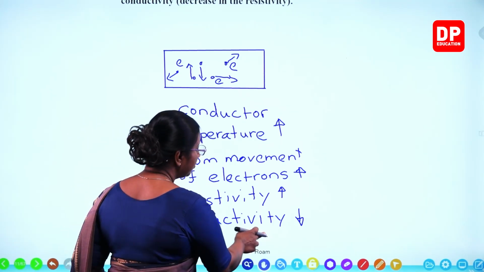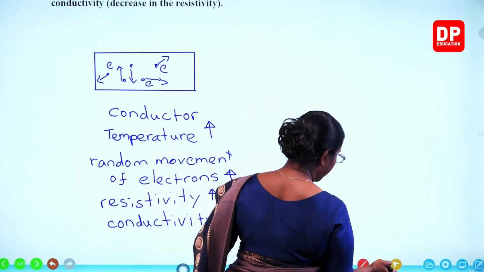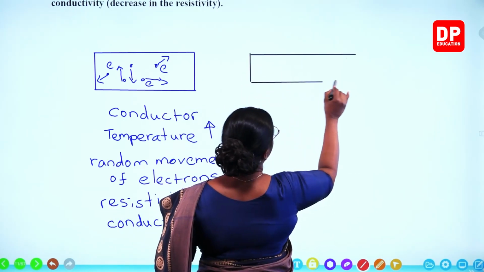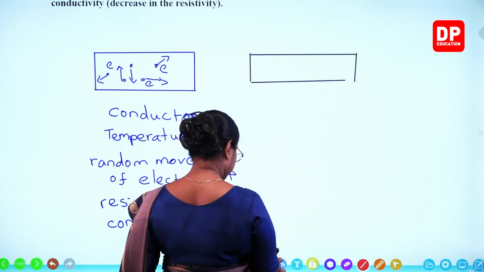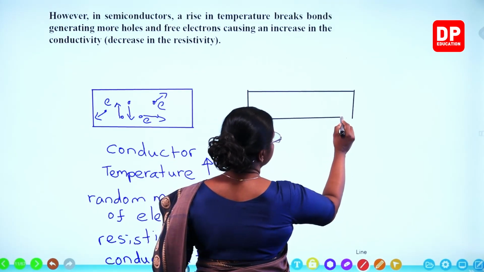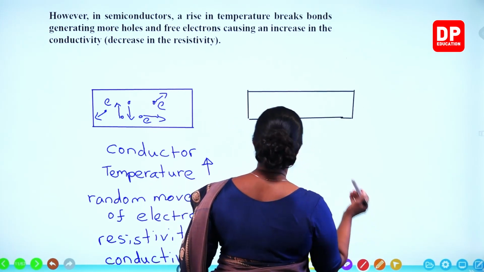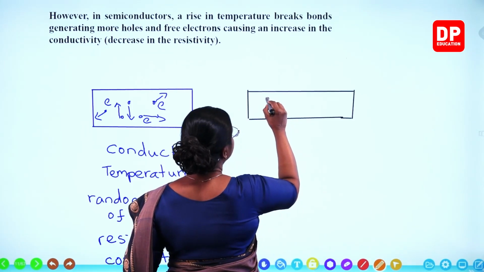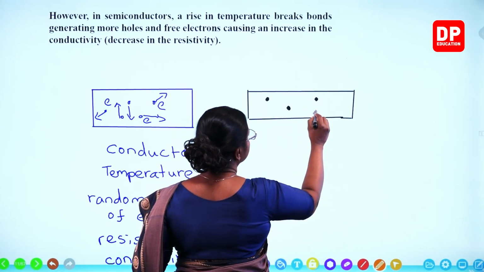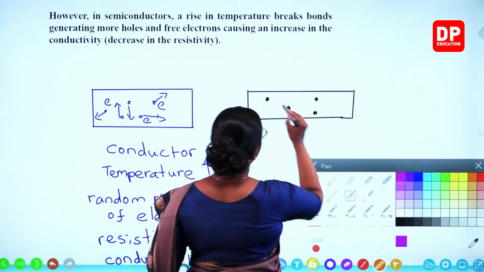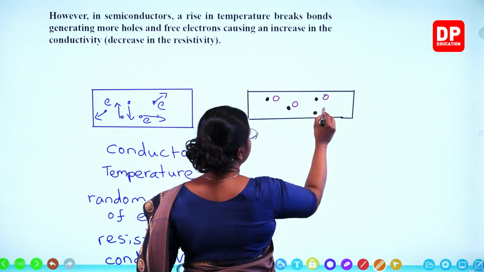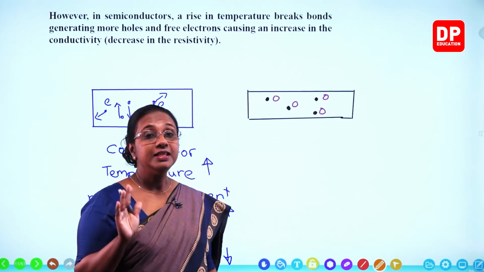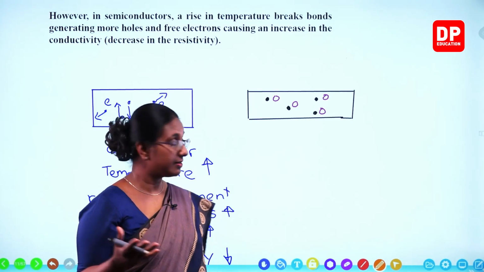But if you look at a semiconductor, what will happen is that the number of electrons and the number of holes, I'm just writing it together so that you know they are equal in number, will increase when we increase the temperature.